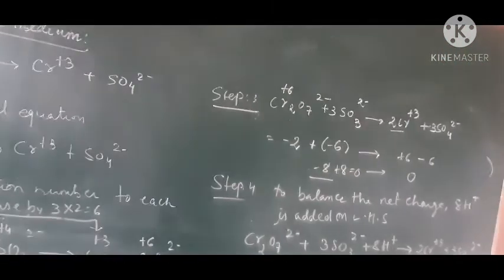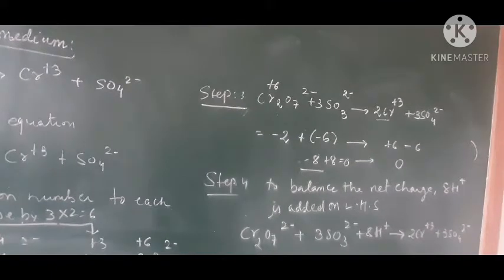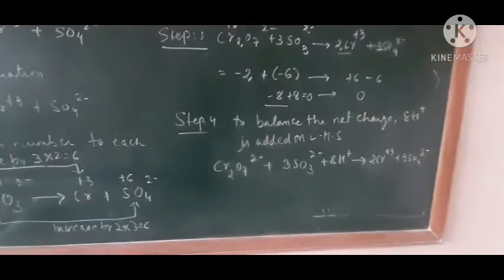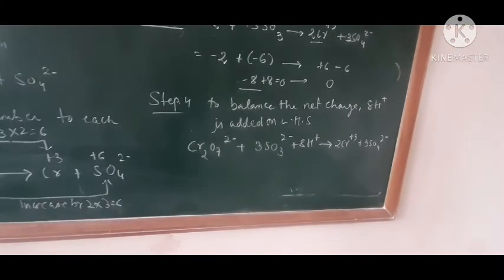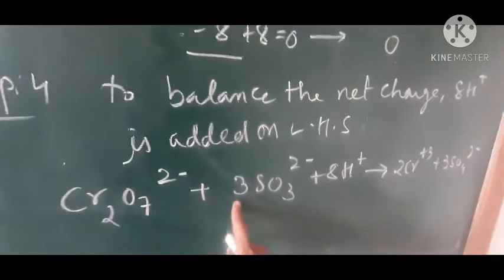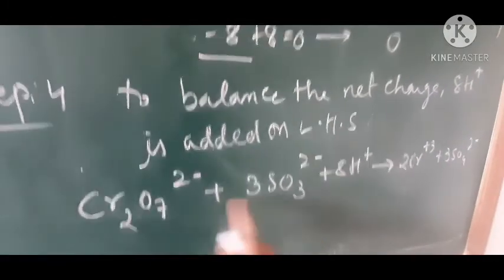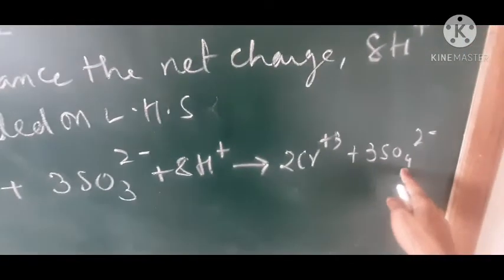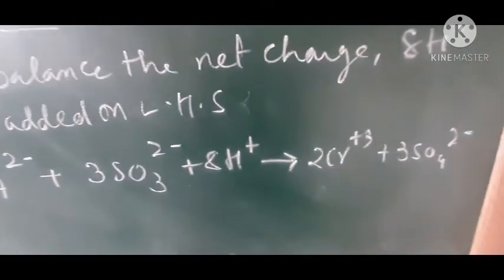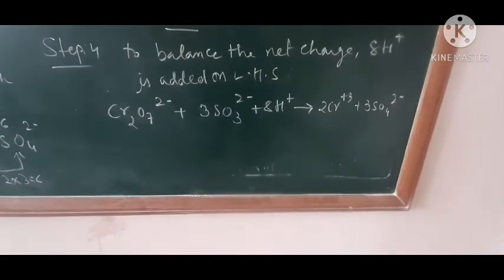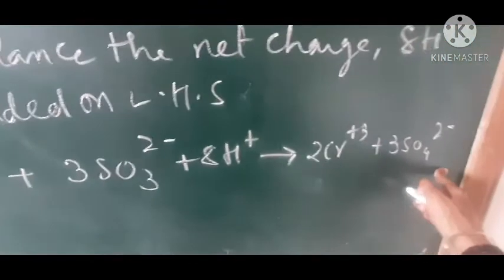Now to balance the hydrogen and oxygen, on the side deficient in oxygen we are adding water molecules. So here we have 7, 3 3s are 9, 9 plus 7 is 16, and here we have 3 4s are 12. So 4 oxygen atoms are remaining, whereas 8 hydrogen atoms are remaining.